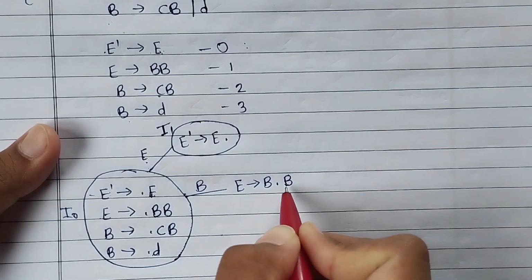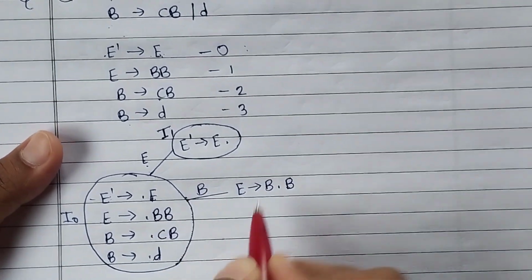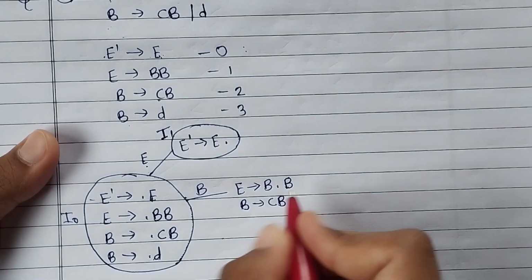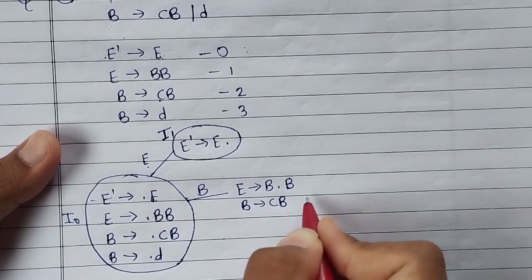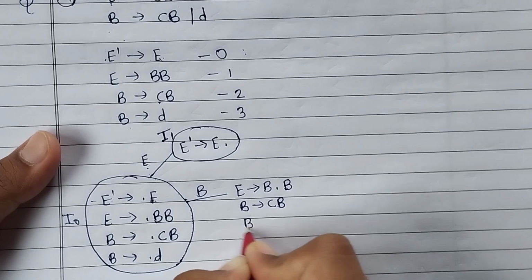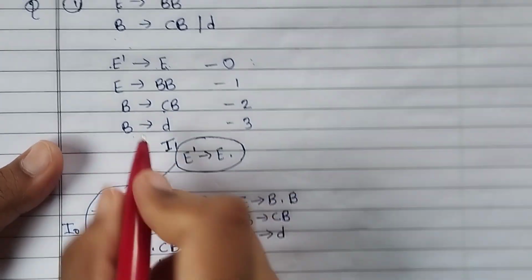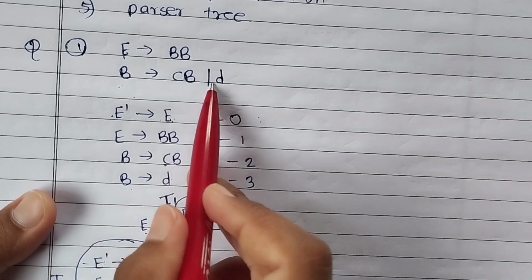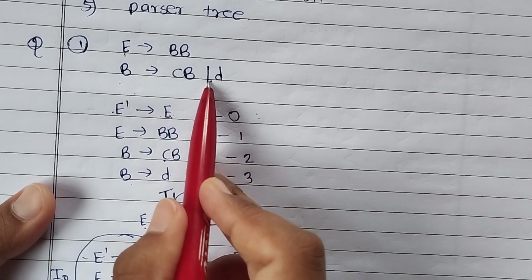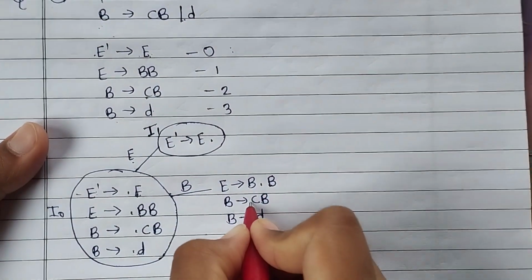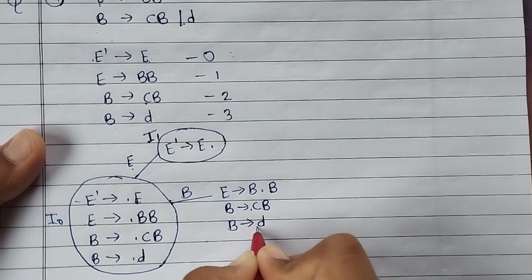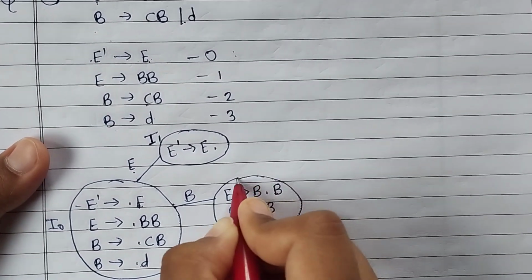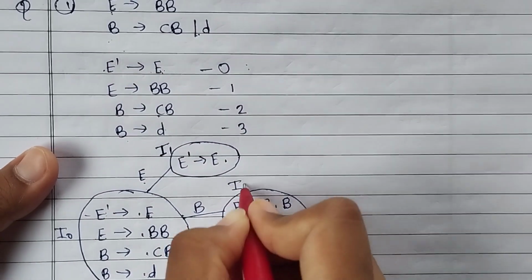So now we write all the grammar of B here: B → CB or D, or you can write B → D separately. You can write it combined or separately, but I write it separately. And do not forget to write the dot. Now this is the next state, our I2 state.